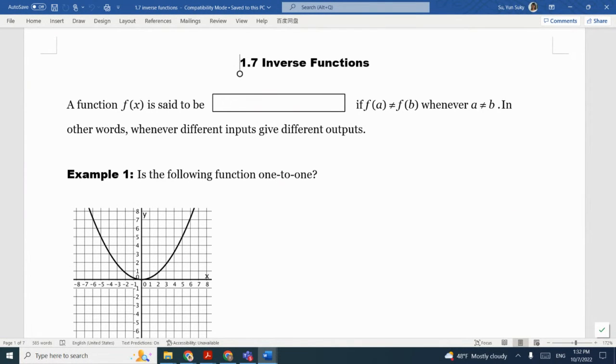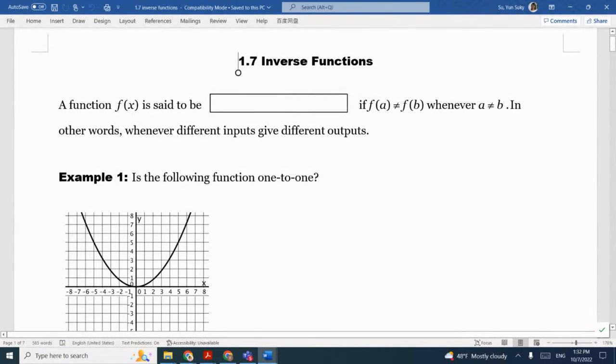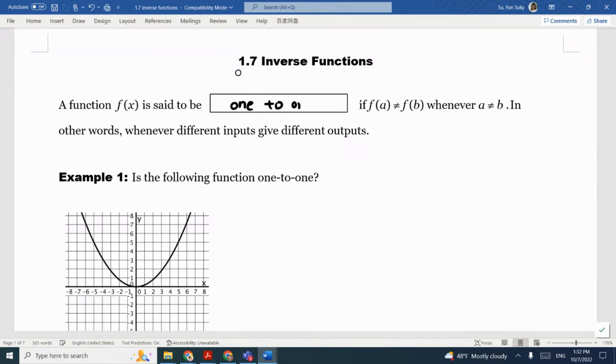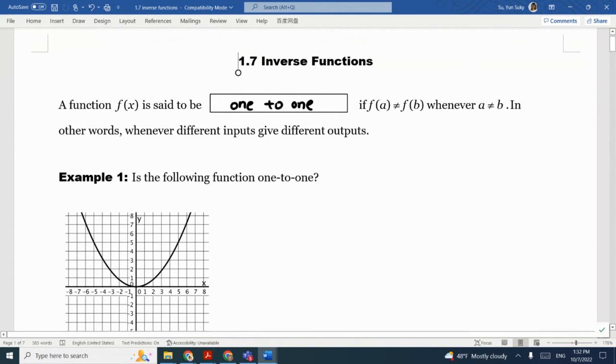Okay. So inverse function. First of all, a function f of x is said to be 1-to-1 if f of a is not equal to f of b whenever a is not equal to b. In other words, whenever different inputs give different outputs. So that is 1-to-1.